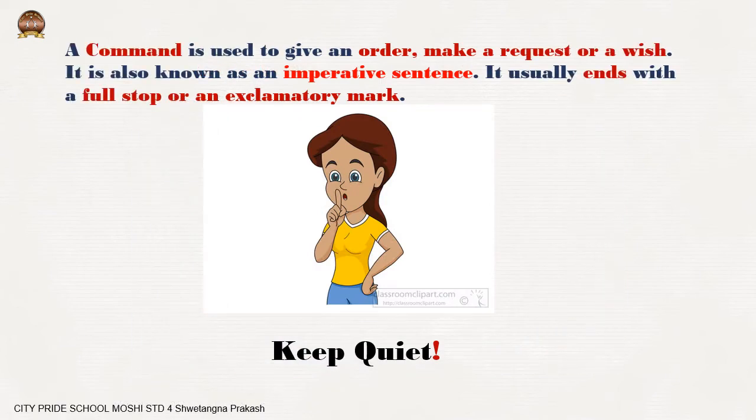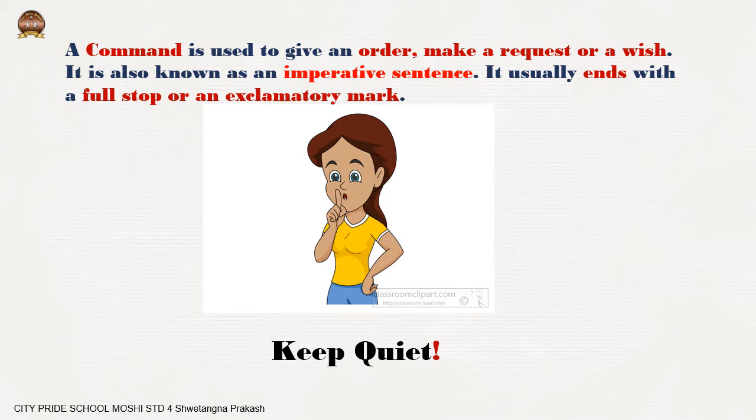So we can say that a command is used to give an order, make a request, or a wish, and it is also known as an imperative sentence. It usually ends with a full stop, and it can also end with an exclamation mark if somebody attaches an emotion to a command. Suppose the teacher is angry, she will say keep quiet with some emotion involved, that is anger.